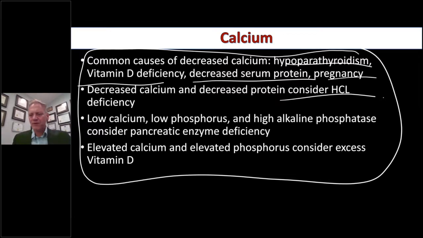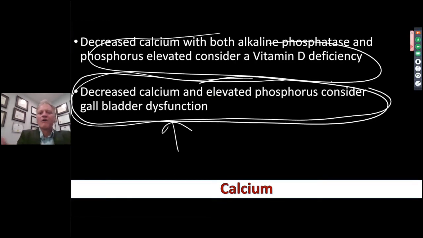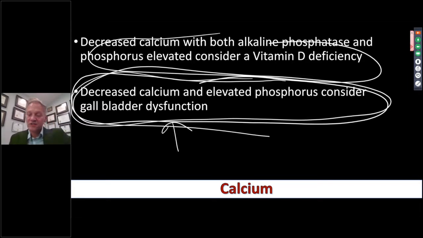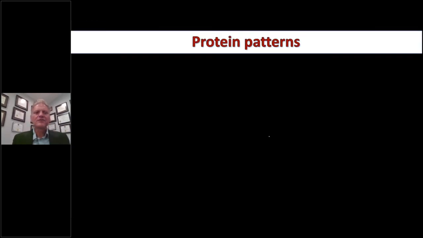And then, of course, match that with your history and your physical, and then you might find something in there, because sometimes that might be the only thing you see that gives you a hint to gallbladder dysfunction. Okay, so let's talk about protein patterns.